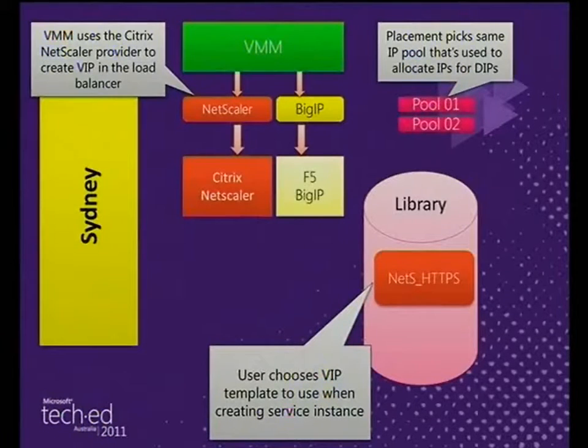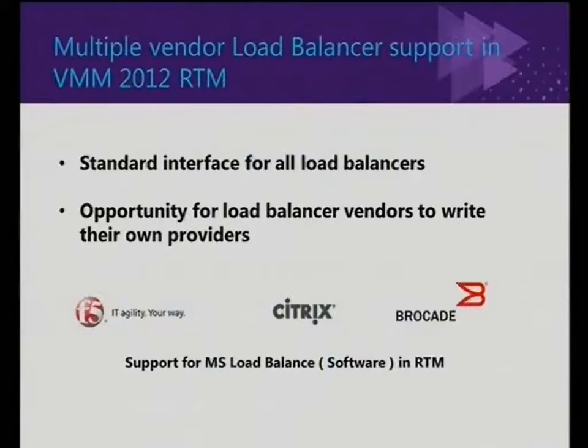See, this is how we work. So I'm going to create the pool based on this one here. You don't need to know about the connection, and how the provider will talk and connect or create the IP for me on the load balance. You don't need to know about this. So, a standard interface for all load balances.